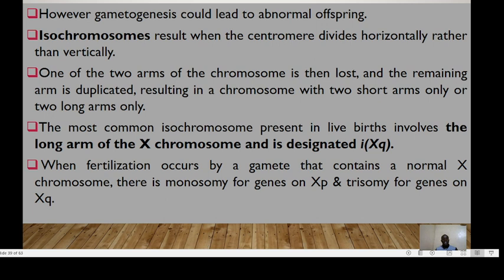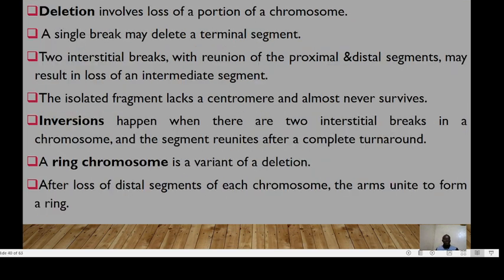The most common isochromosome present in live births involves the long arm of the X chromosome and is designated as i(Xq). When fertilization occurs by a gamete that contains an abnormal X chromosome, there is monosomy for genes on Xp and trisomy for the genes on Xq.